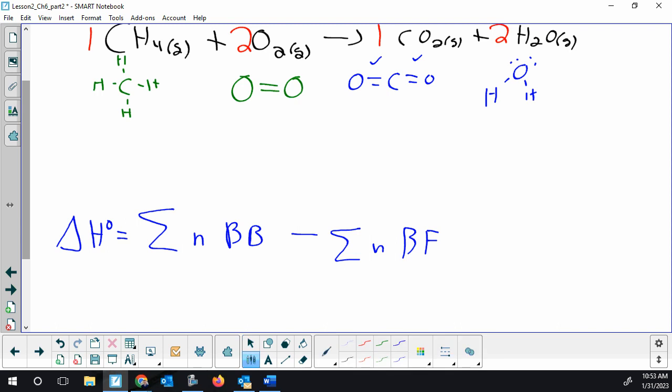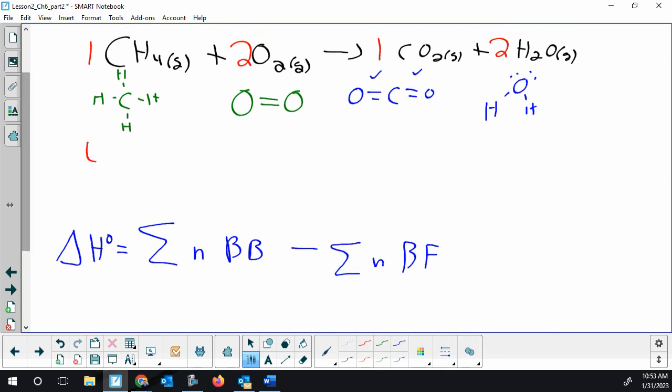So our 1 methane, there are 4 CH bonds that need to be broken. For our oxygen, there's 1 oxygen-oxygen double bond. When you're looking stuff up, there'll be oxygen-oxygen single and oxygen-oxygen double. We've got to grab breaking the double.